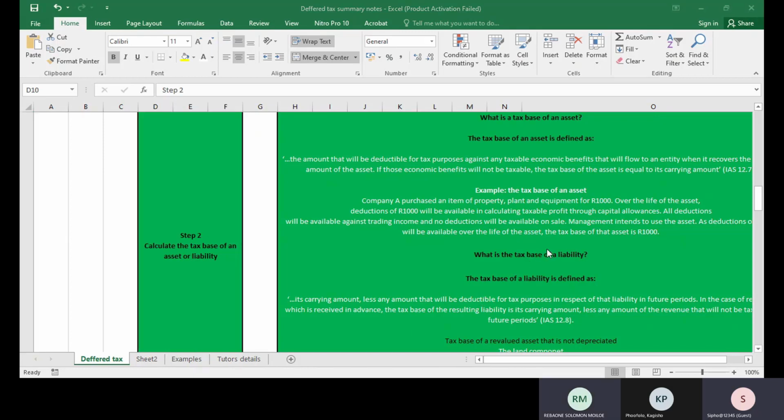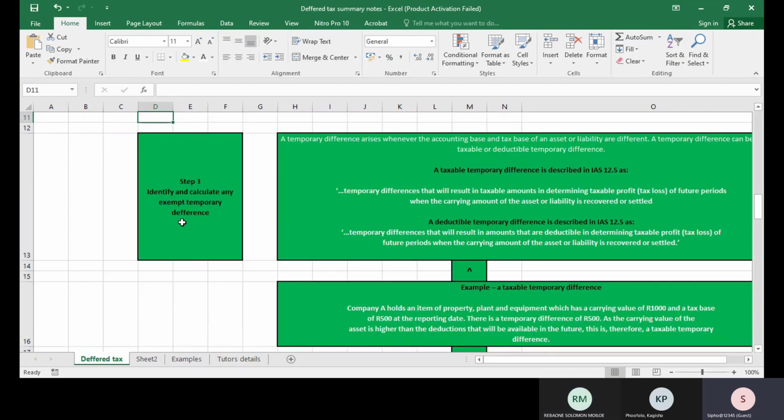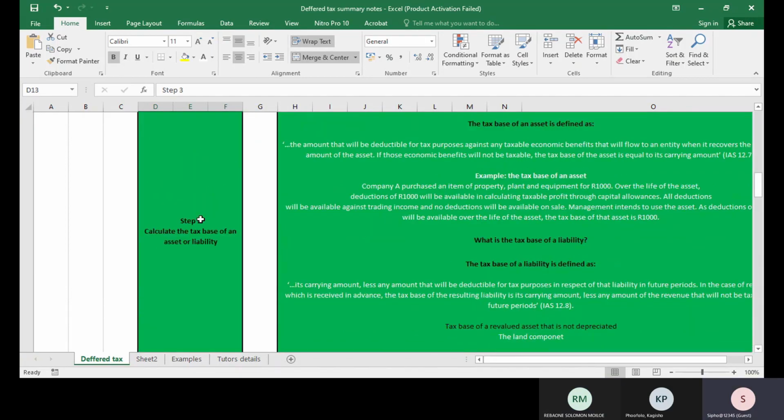I'm not saying you should use these notes for studying, but especially when you prepare for the exam, you should use them as a reference, because I've summarized IAS 12 for you, basically. So now we just finished step 2.